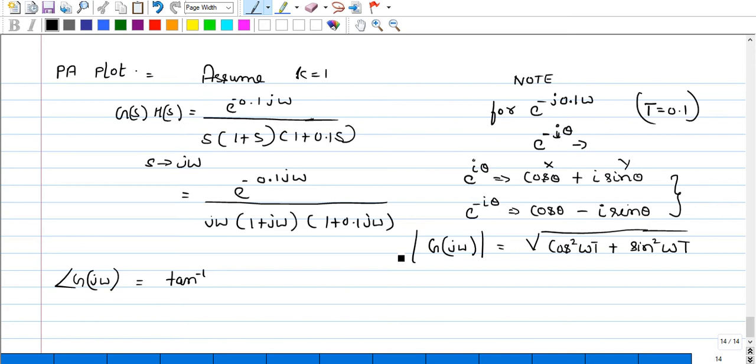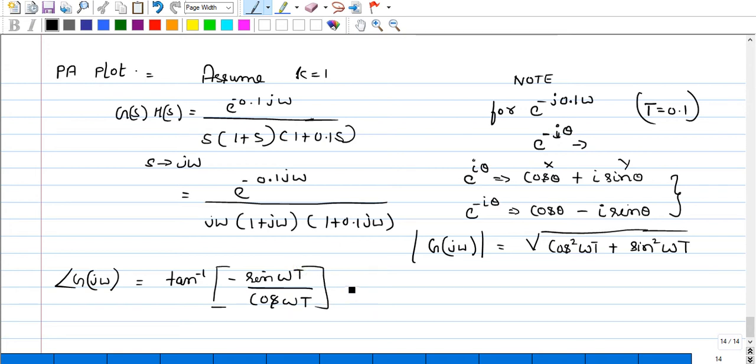Here y has a negative sign, minus sin theta, where theta is omega t, divided by cos omega t.